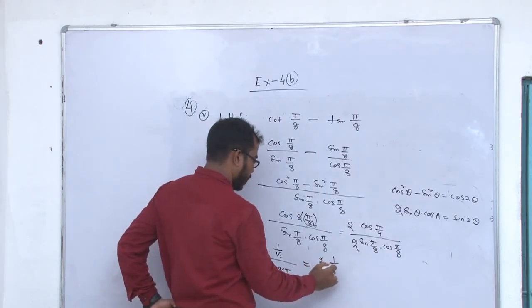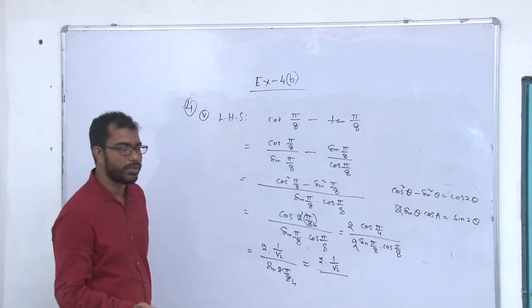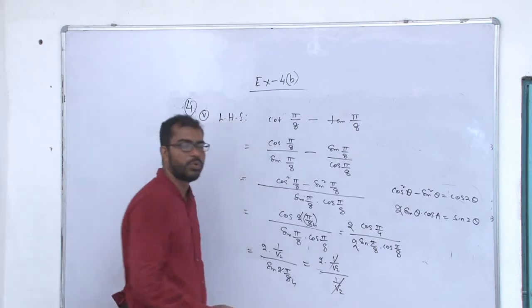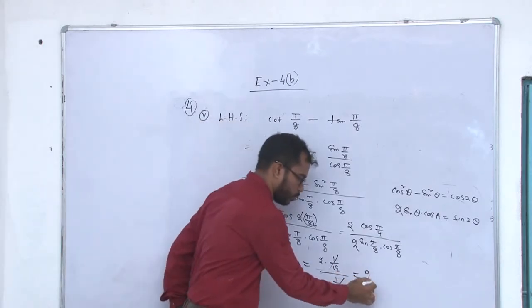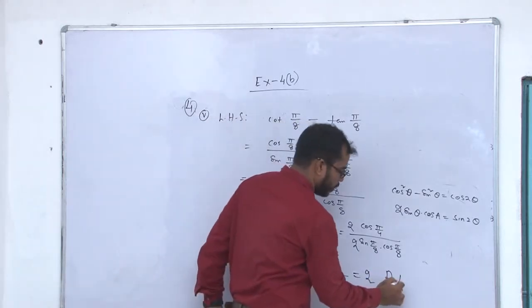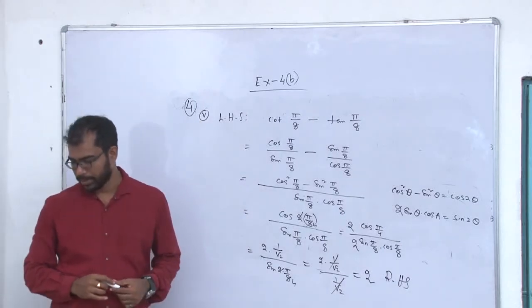The value of sin pi by 4 is also 1 by root 2. So we cancel 1 by root 2 with 1 by root 2, and we get the result, that is the RHS. So this is the solution of this given expression.